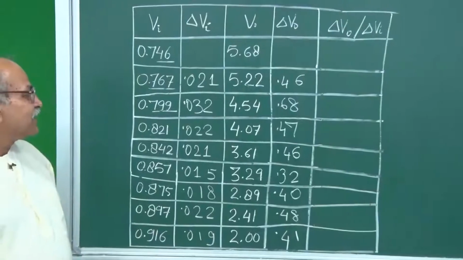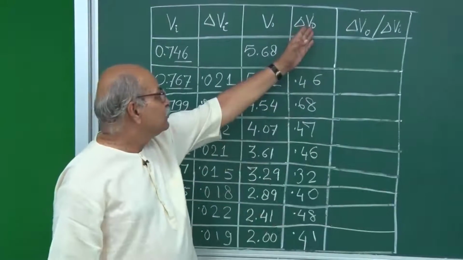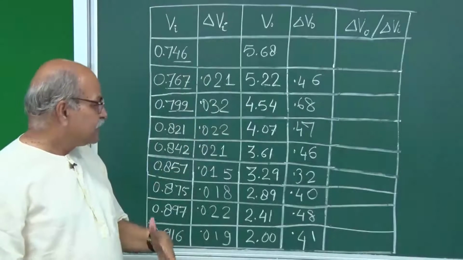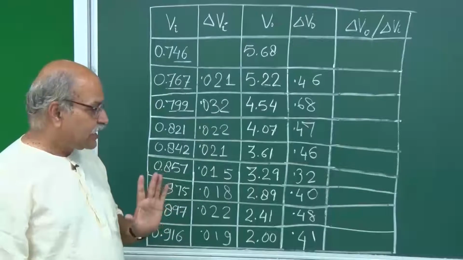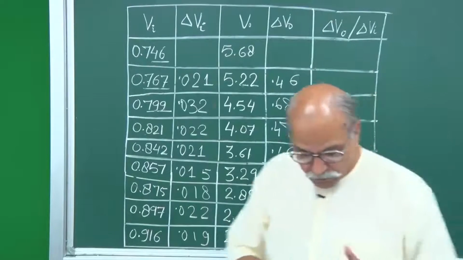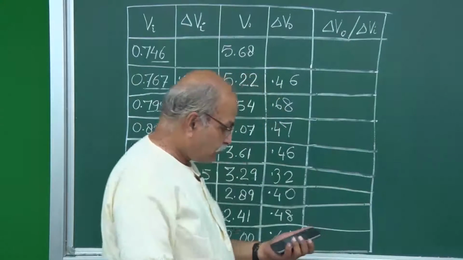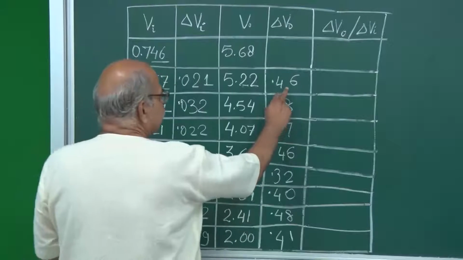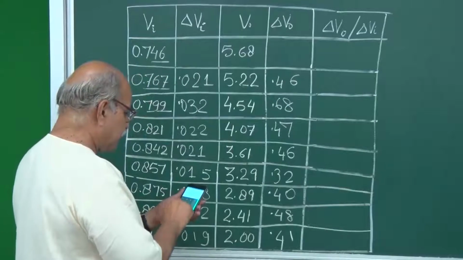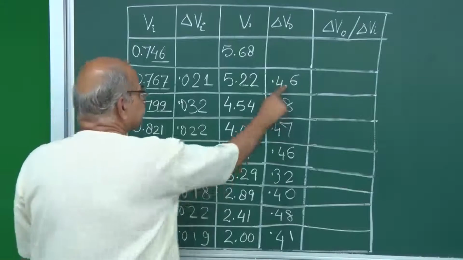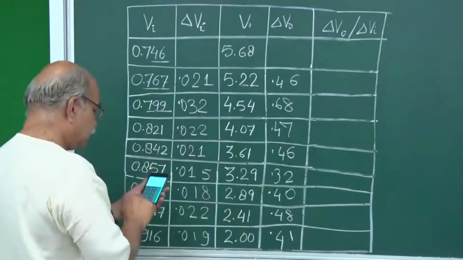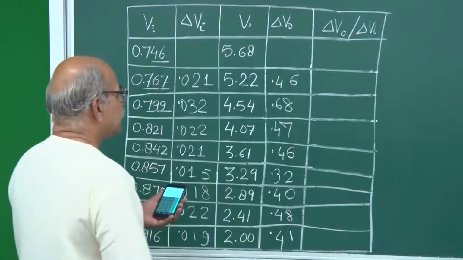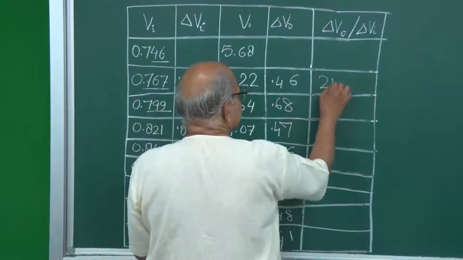Now I have to take the ratio, delta VO divided by delta VI. So this divided by this. Let me take my calculator and do the calculations. Alright, so delta VO is 0.46. So 0.46 divided by 0.021 is 21.9.